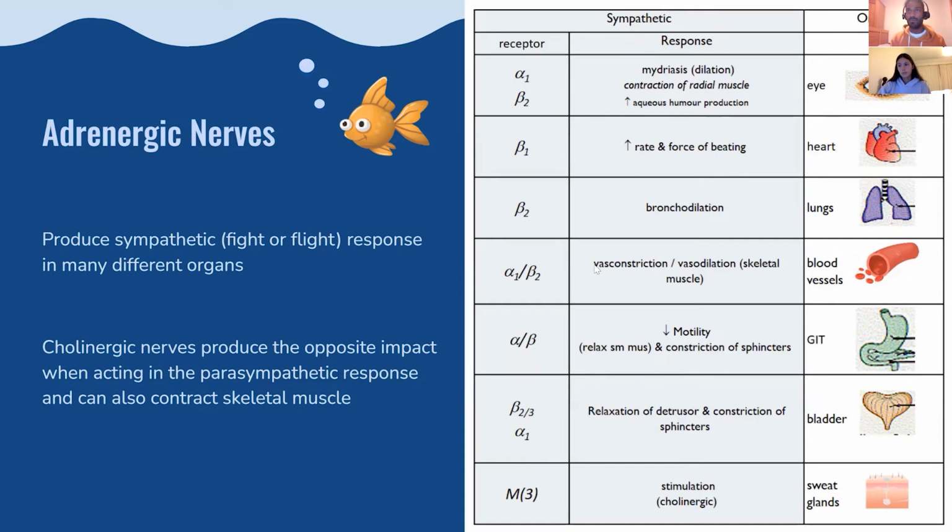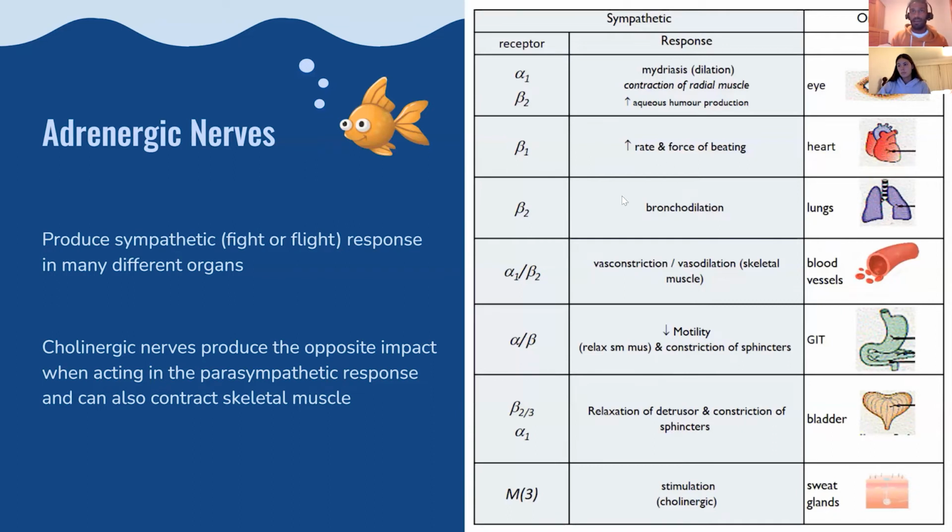Blood to certain areas would vasoconstrict, minimizing blood flow to places like your gastrointestinal tract because you don't need to be digesting things, whereas blood flow to skeletal muscle would increase because you might need to move and run away. As mentioned, you don't need to be digesting, so your gastrointestinal motility will decrease. Some of your sphincters will constrict, again inhibiting digestion, and your sweat glands will be stimulated.